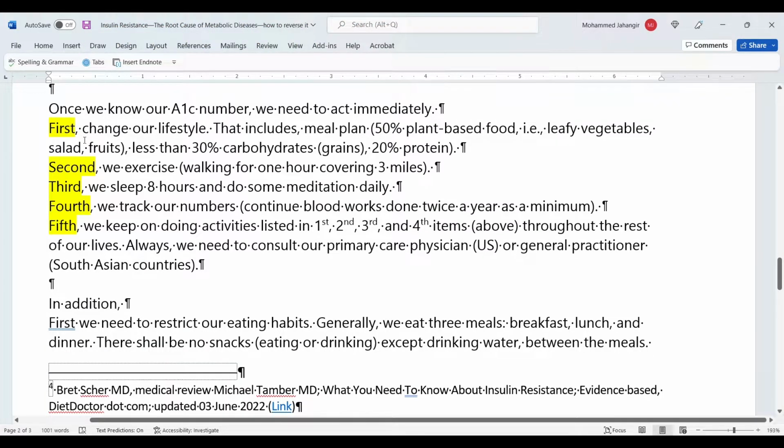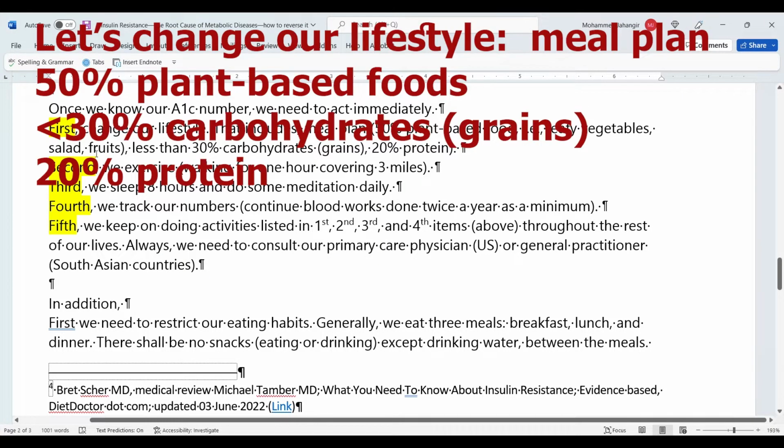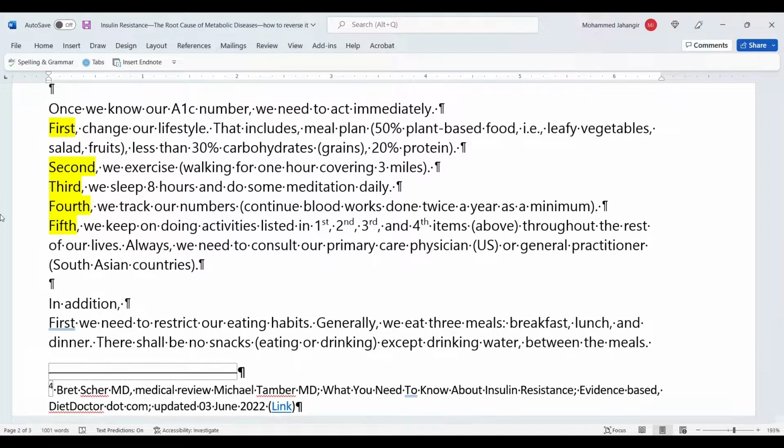Once we know our A1C number, we need to act immediately. First, change our lifestyle. That includes meal plan, 50% from plant-based food such as leafy vegetables, salad, and fruits, 30% or less than 30% from carbohydrates such as grains, 20% from protein such as meat.